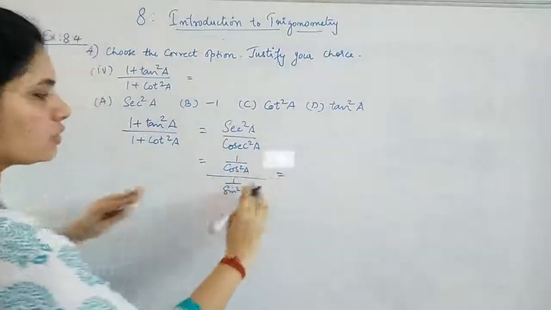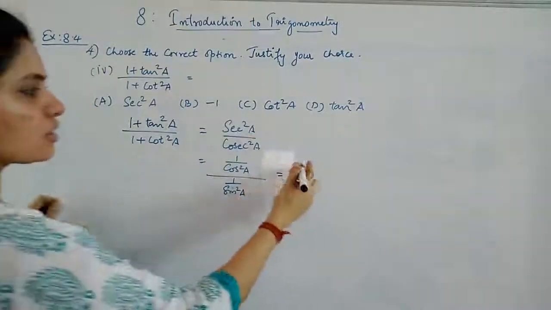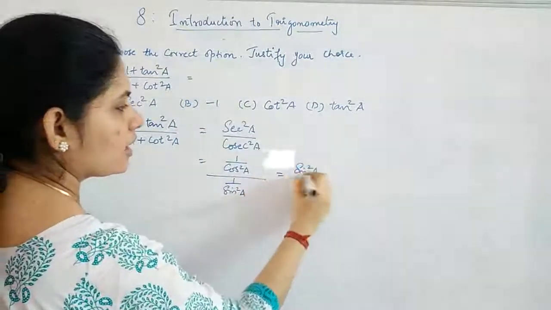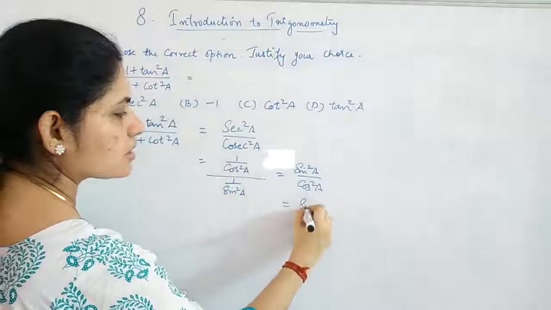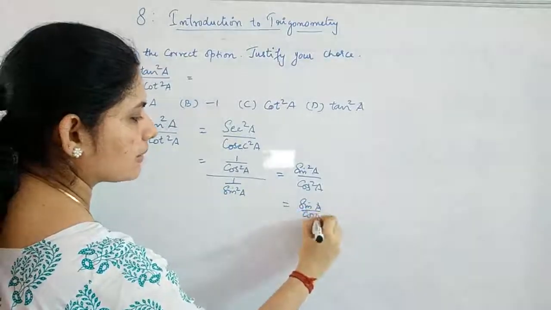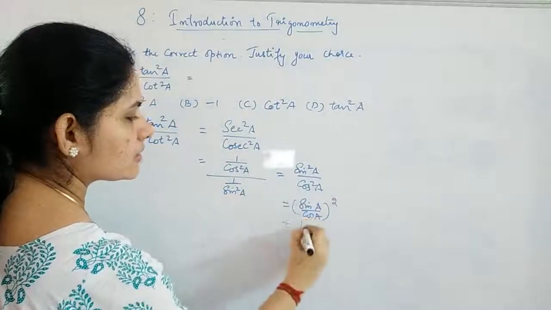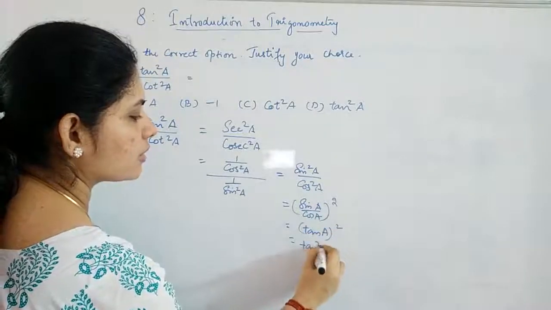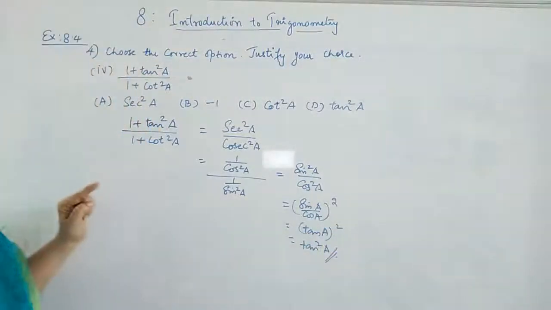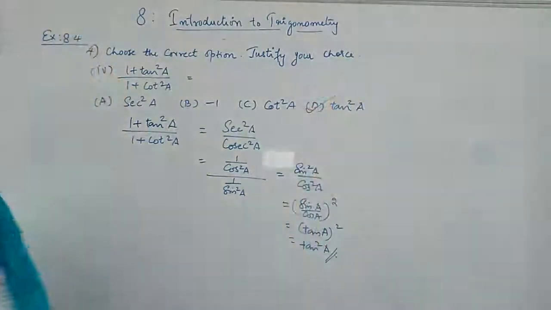Now you will just reverse its order, it will give you sin square a by cos square a, and sin square a by cos square a means it is sin a by cos a the whole square, which is your tan a the whole square, or you can say tan square a. So your answer is tan square a, which is option D.